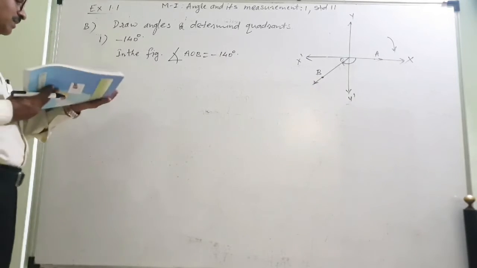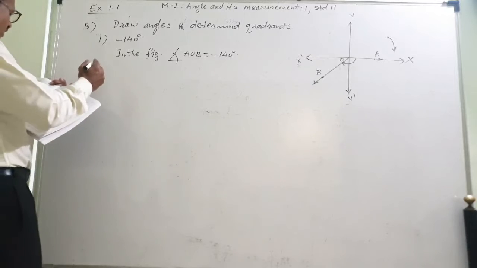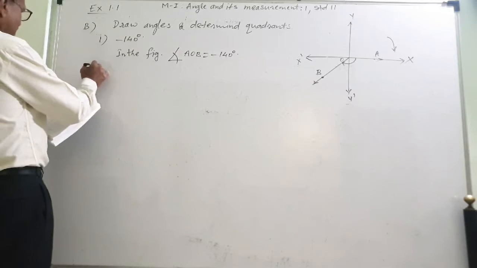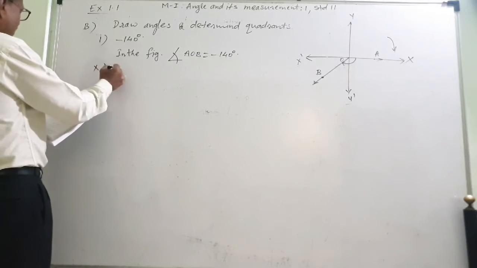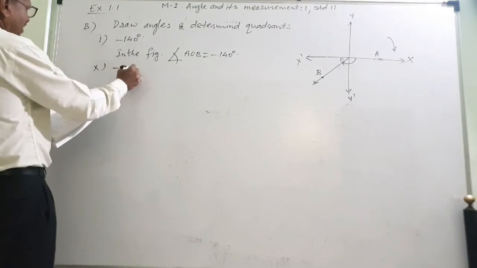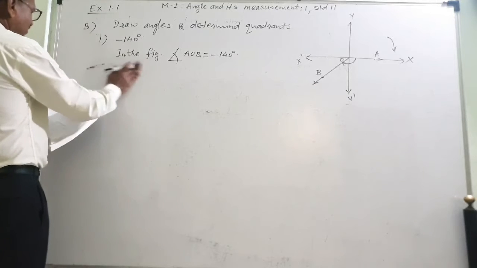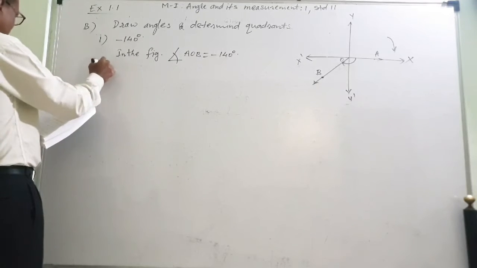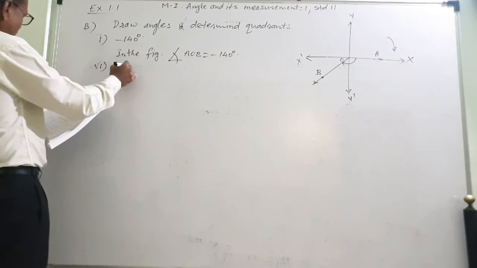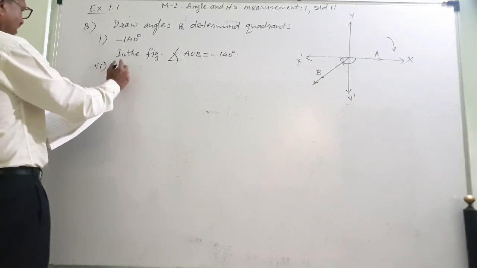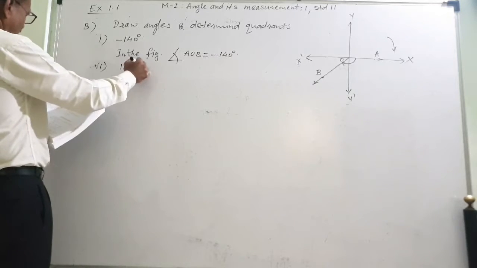One more sum I will take, and I will stop here. The 10th sum I will take. The 10th is minus 820 degrees. Sorry, the 6th I will take first. 6th sum is plus 1120 degrees.